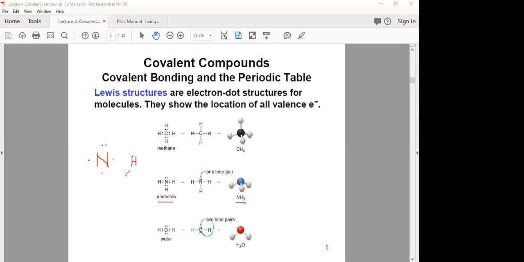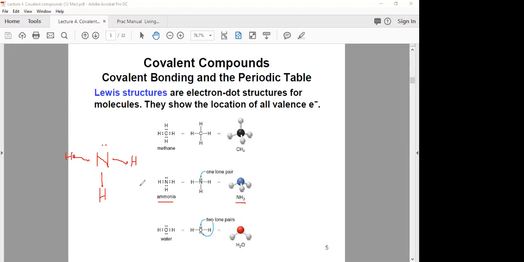So let's place them around nitrogen. Here we go. And you know that each hydrogen has a single valence electron. There they are. And now we can draw in the bond lines. From there, there, and there.